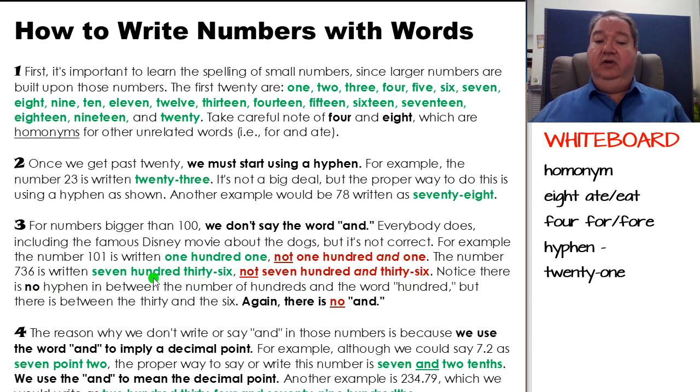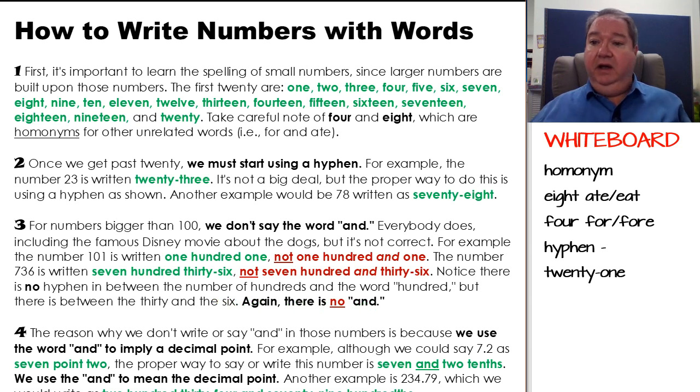It's seven hundred, not seven-hundred. It's these numbers less than 100, thirty-six, that get the hyphen. Notice there is no hyphen between the number of hundreds and the word hundred. But there is between the thirty and the six. And again, there is no "and."